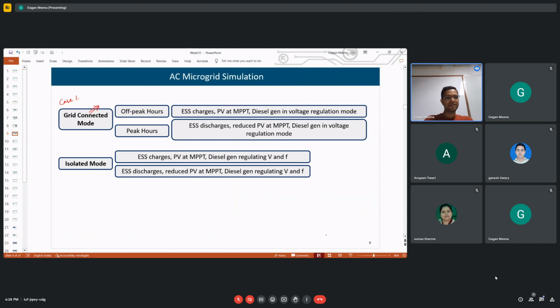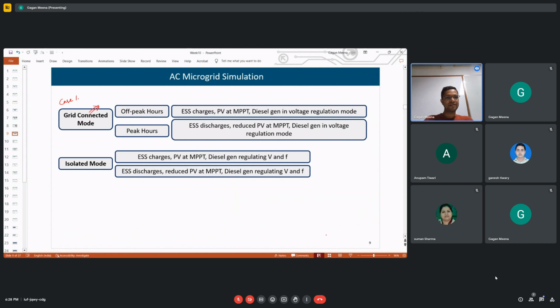Yes, sir. Okay. The next one was the demonstration of the DC microgrid. In this also two cases were considered. First was where there is only one DC microgrid. Second one was where there were two standalone DC microgrids interacting with each other.